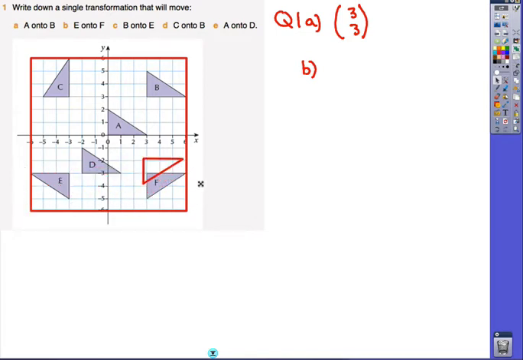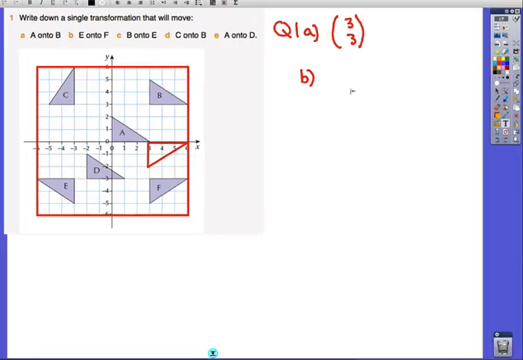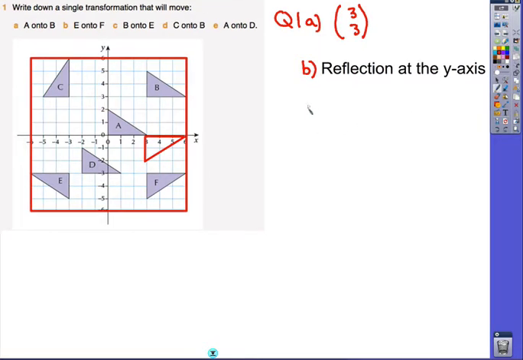Yes, it does. So the type of transformation is a reflection, and it's been reflected at the y-axis. So that would be the answer to 1B.